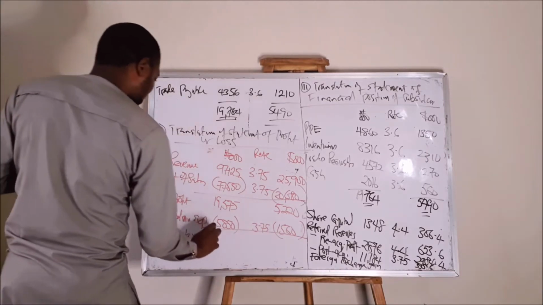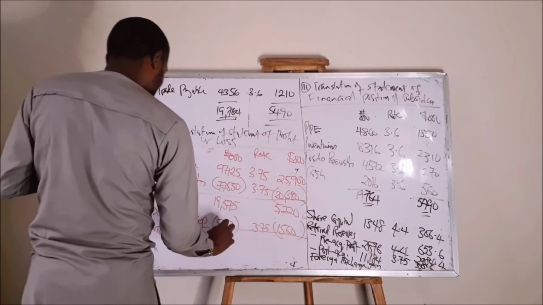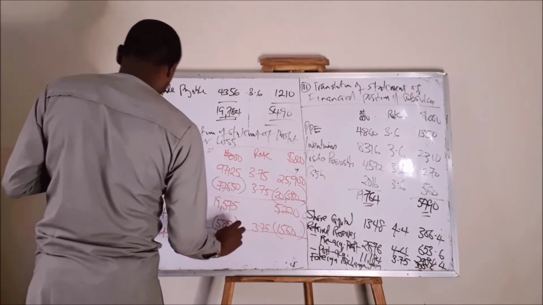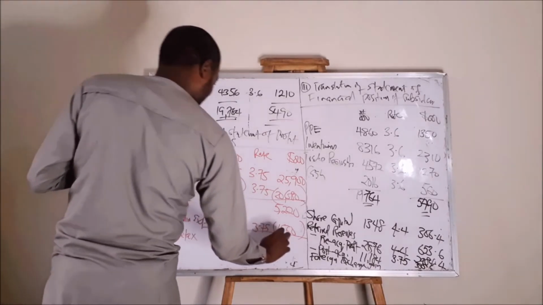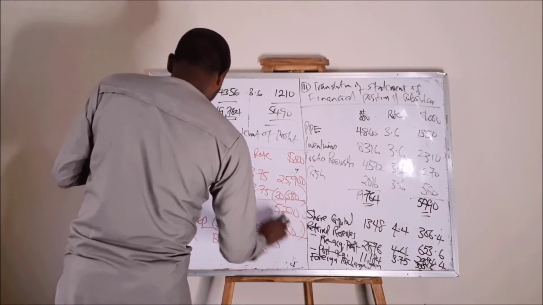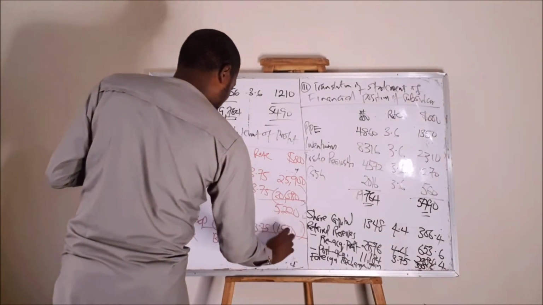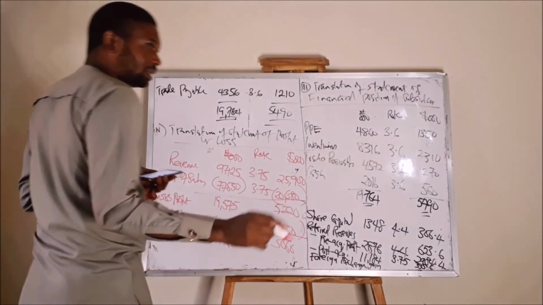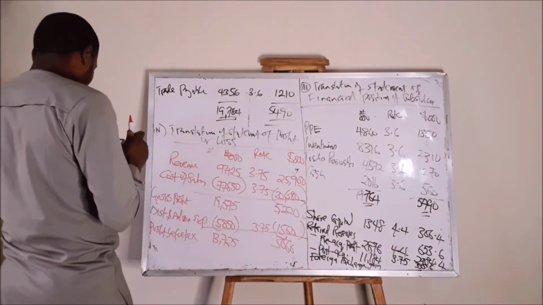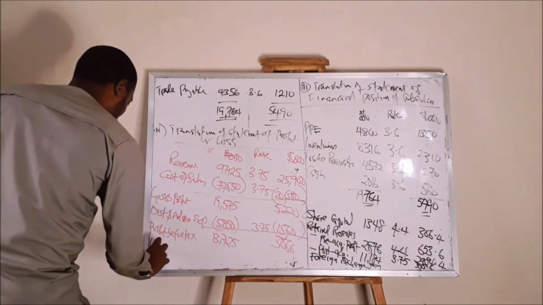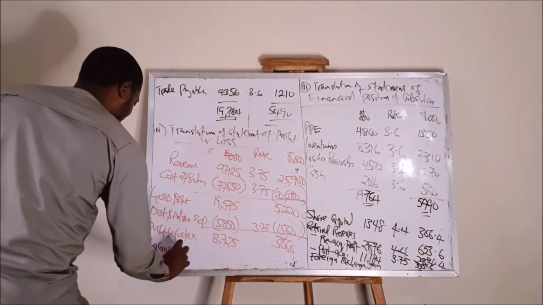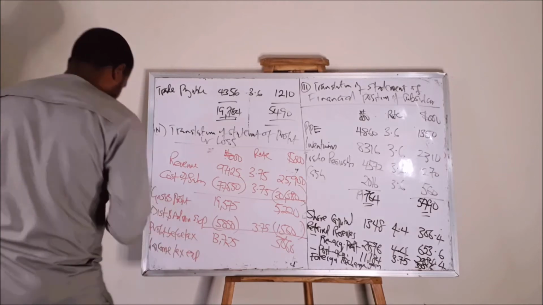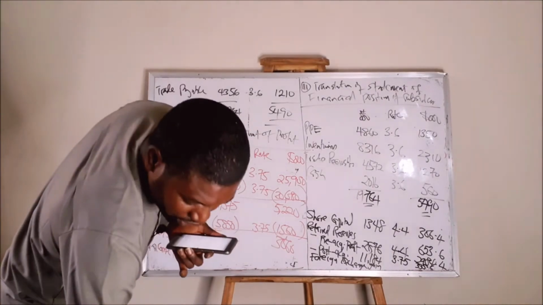Profit before tax, which is 13,725. Then 3,660. Then we have income tax expense.